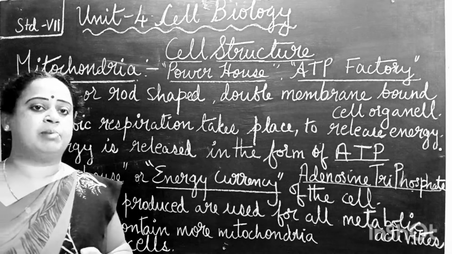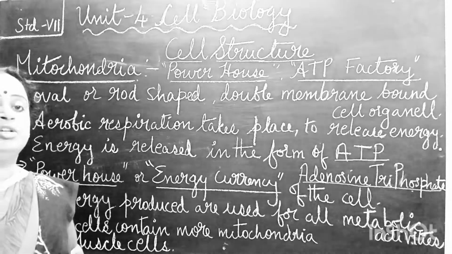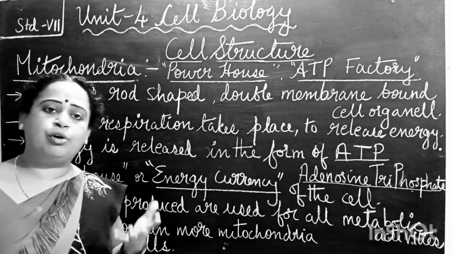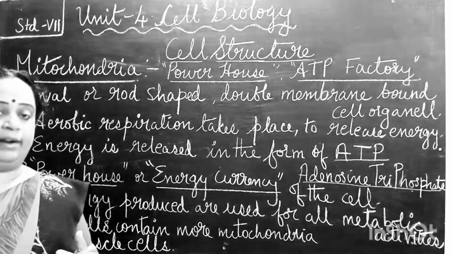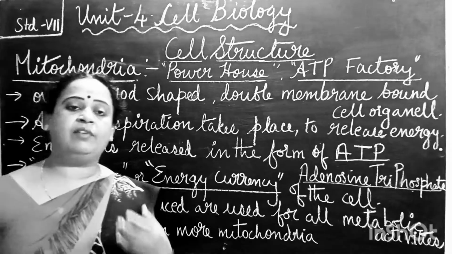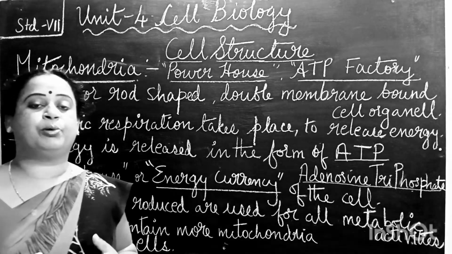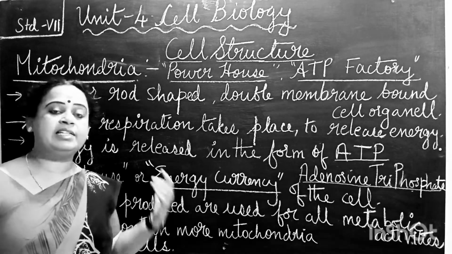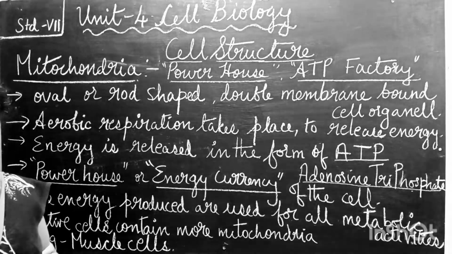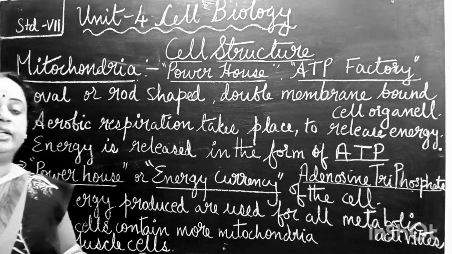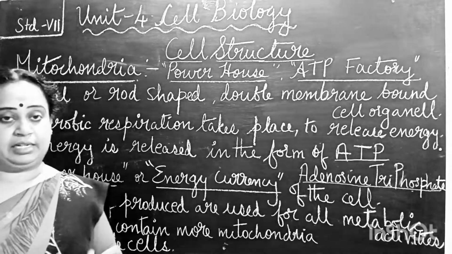Everything depends upon our muscles. So our muscle cells contain more mitochondria, and that is why we are able to do work all day. Whenever we do work, more energy is required, and that energy is provided by the mitochondria inside our muscle cells. The more mitochondria inside the cell, the more active the cell becomes. When the number of mitochondria is very low, that cell will be less active.